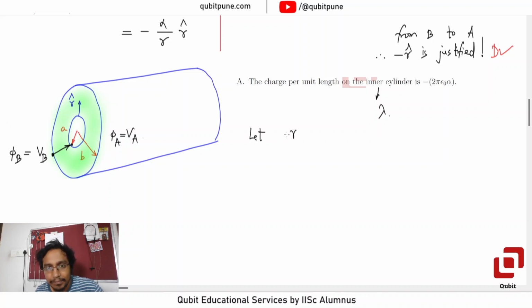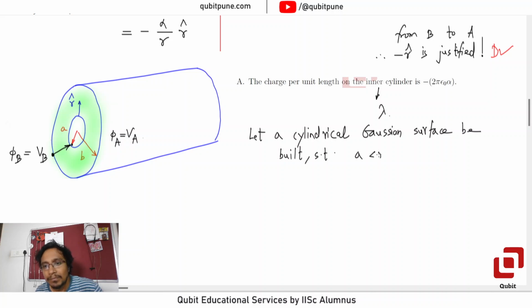Let a cylindrical Gaussian surface be considered. Ignore those potential markings.